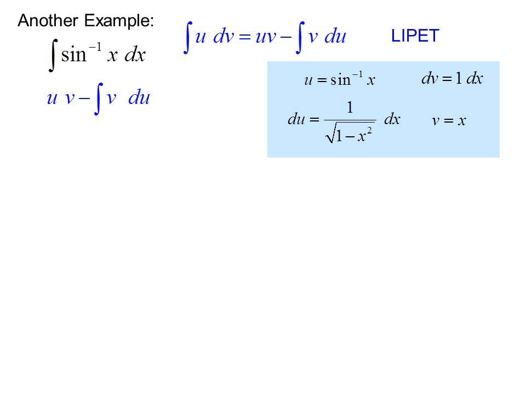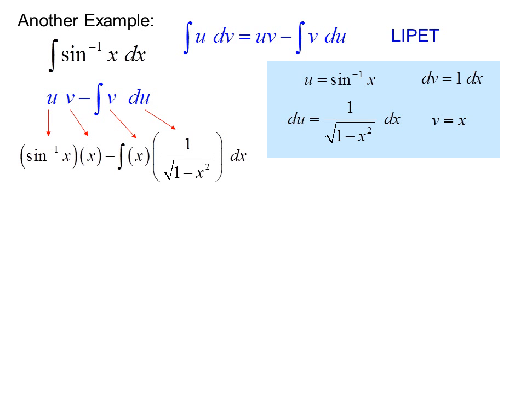We substitute into the formula uv minus the integral of v du to get inverse sine x times x minus the integral of x times 1 over radical 1 minus x squared dx, which we rewrite as x inverse sine x minus the integral of x over radical 1 minus x squared dx.